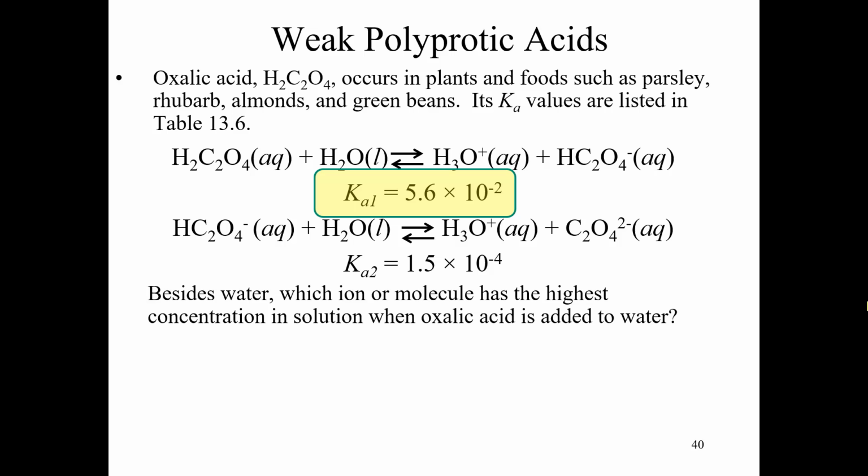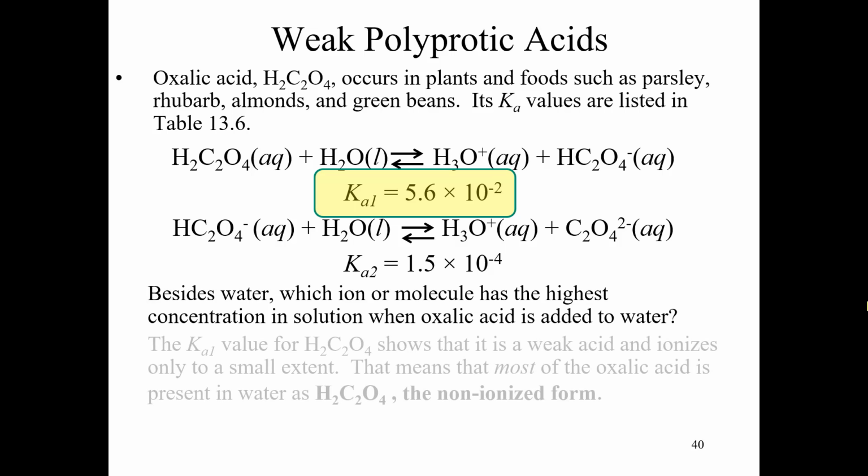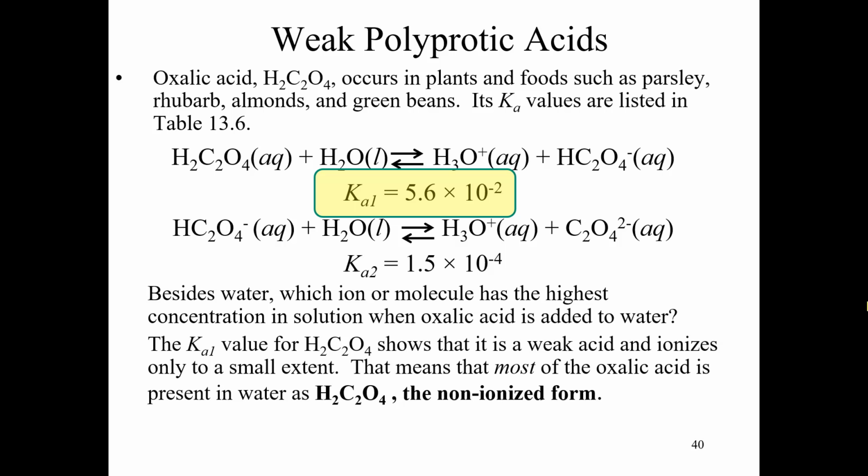The second ionization is even weaker. So what we conclude therefore is that because that Ka1 value shows that it is a weak acid and ionizes only to a small extent, most of the oxalic acid is present in water as H2C2O4. In other words, the non-ionized form.